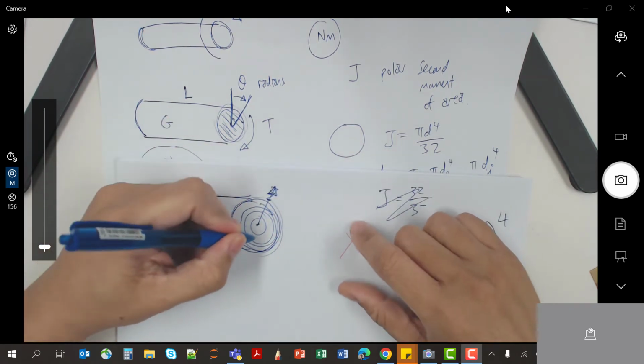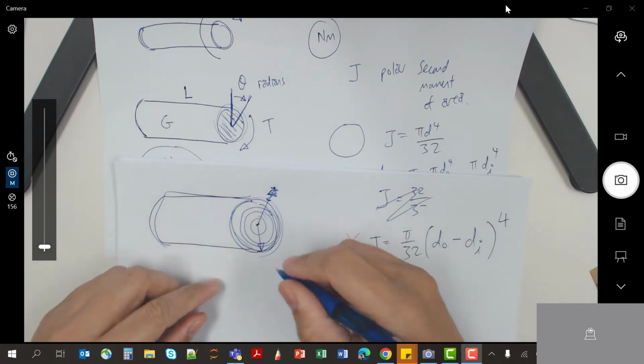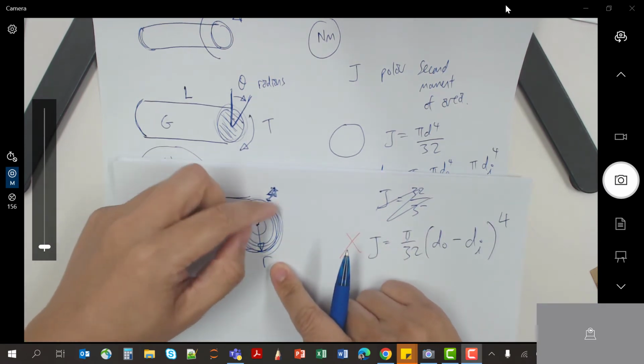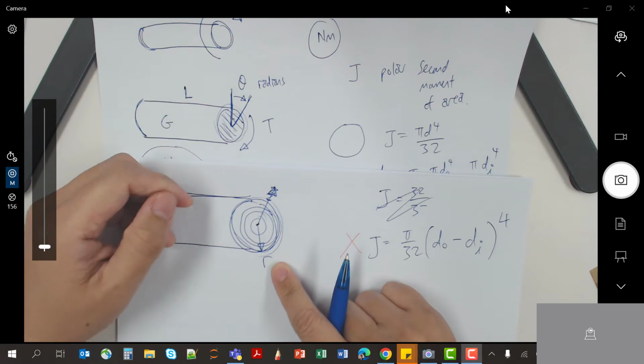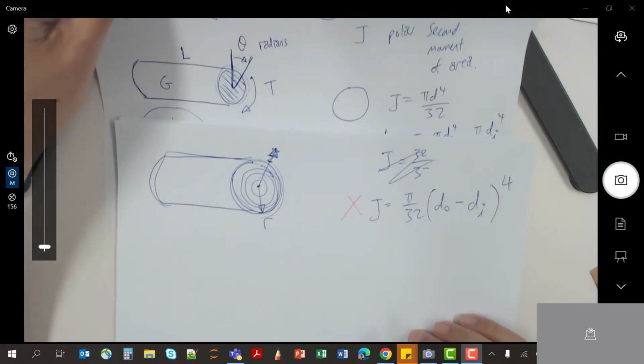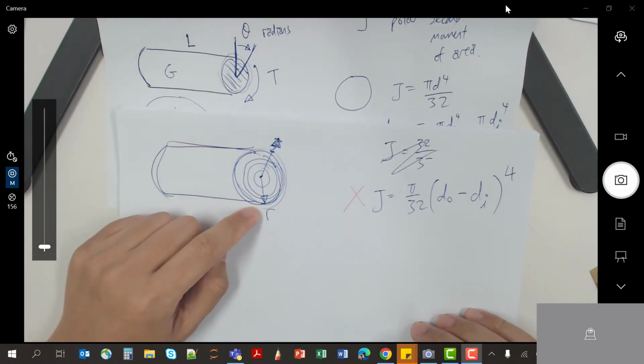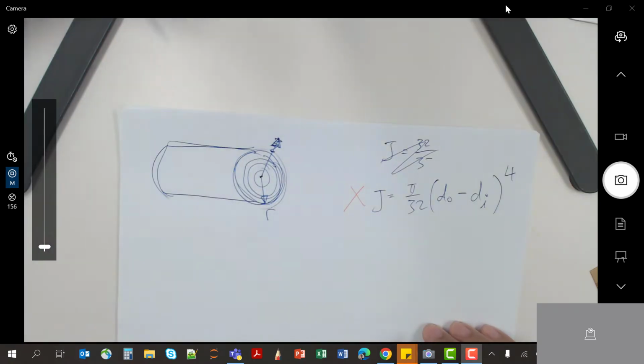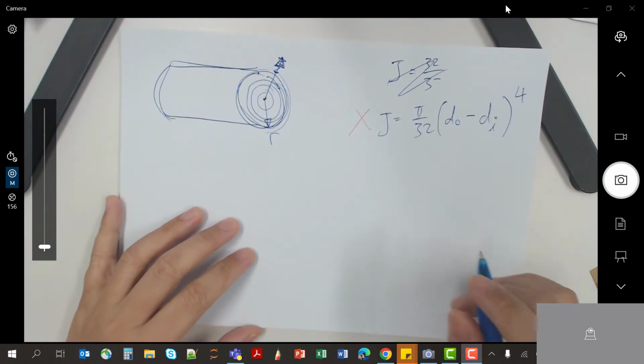So there is this thing called R, the radius of this circle. I will show you what this R is going to be used for later on. For now, these are the key parameters.